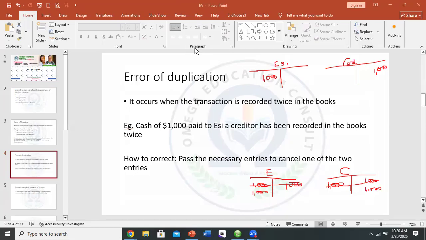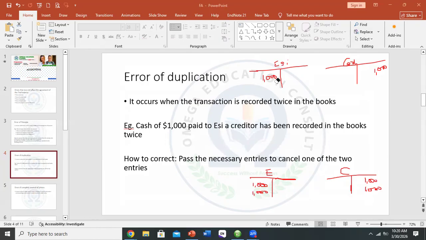Okay, as you balance your account, it will reflect, because originally, let me go back. Originally, this is how the accounts were going to show, right? So you would have Ace's account having 2,000 and cash having 2,000 because of the duplication.